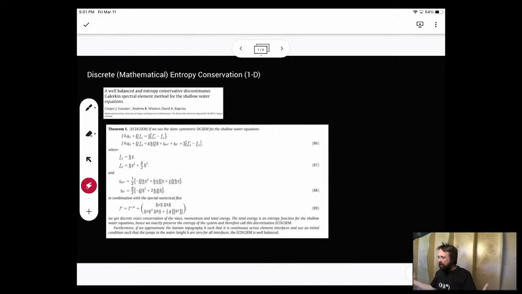If you were to expand that with a product rule in the discrete system, that right there is the product rule error. Same thing here for h squared.